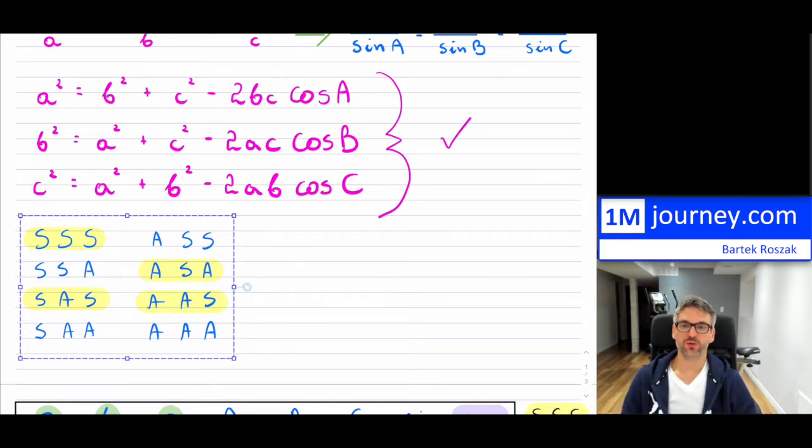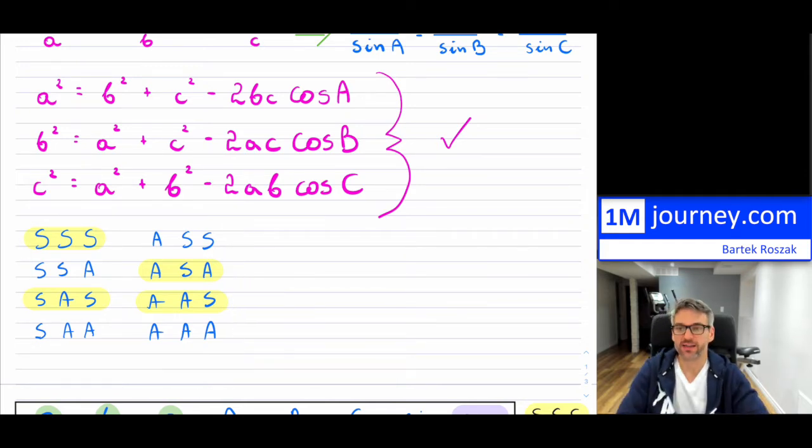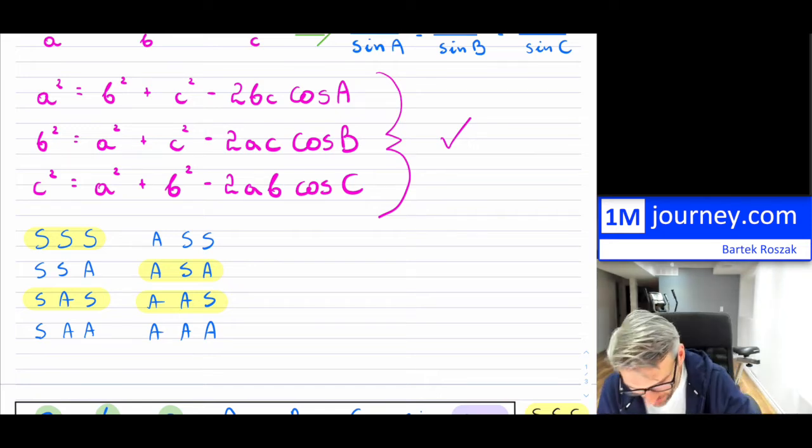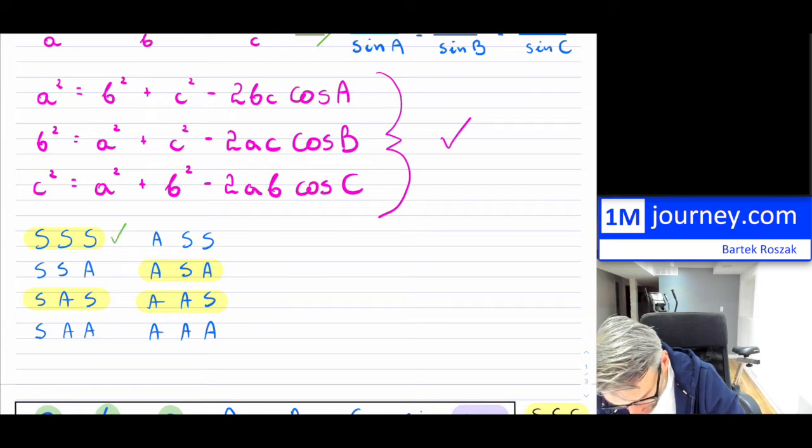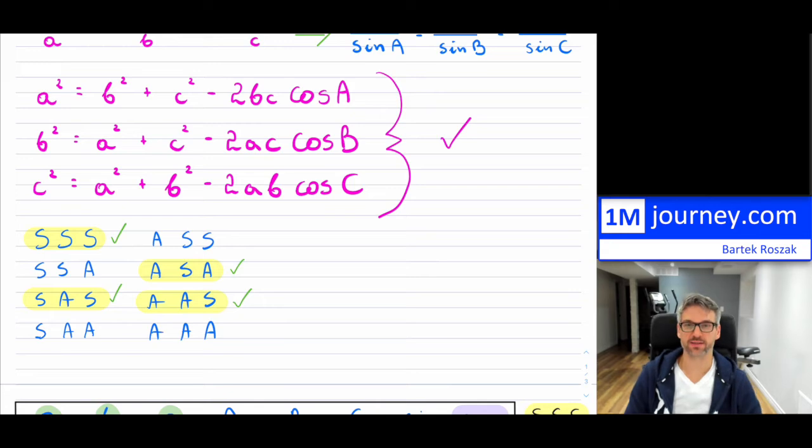So in congruent triangles, what I did was I highlighted here in yellow the 4 cases that we use in order to show congruent triangles. Okay, so these were the 4 key cases that you have. And again, I'm just assuming that we have either an acute or an obtuse triangle within here, because if it's 90-degree triangles, you would not be using the sine or cosine laws in any regard.